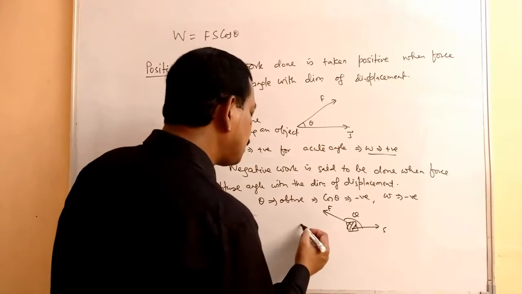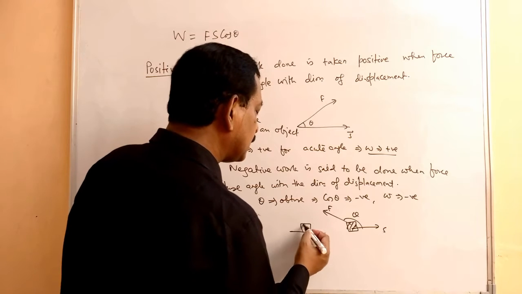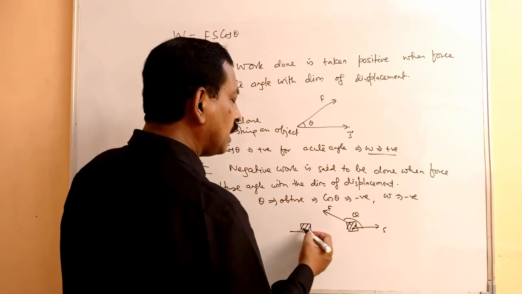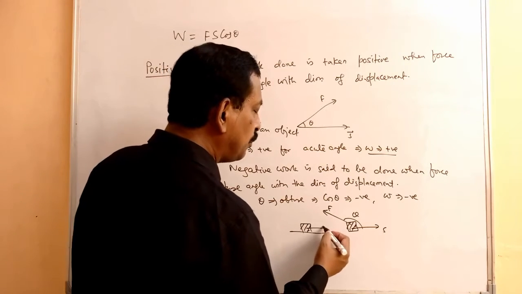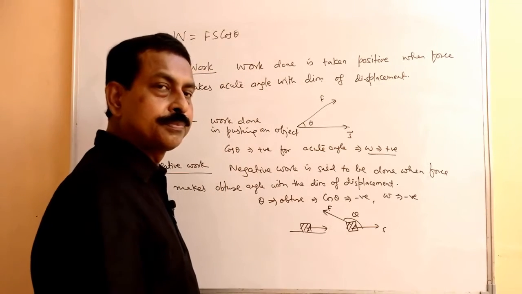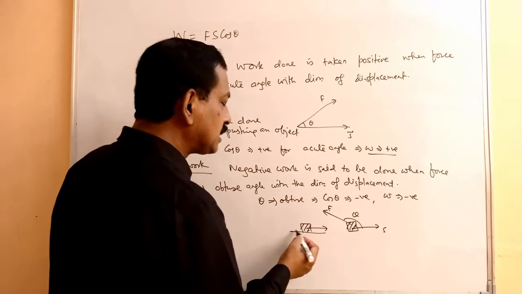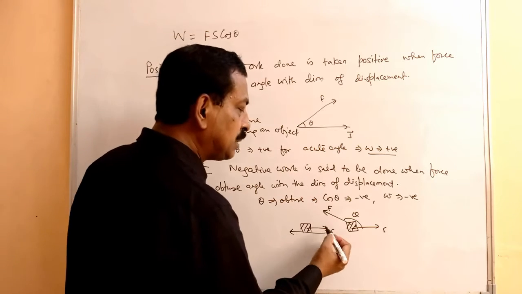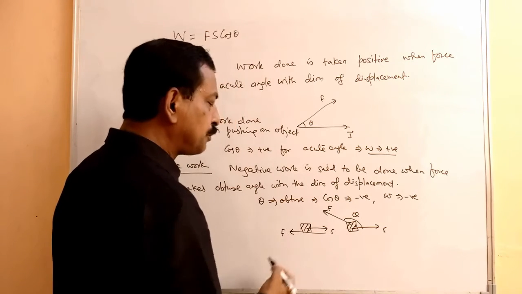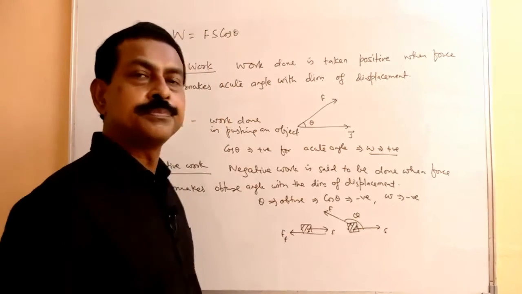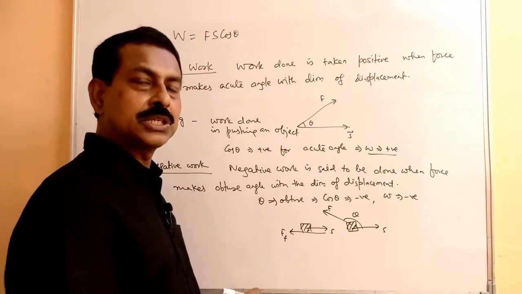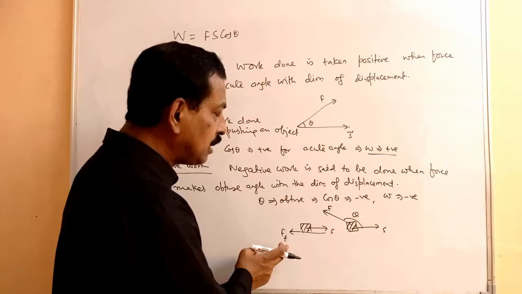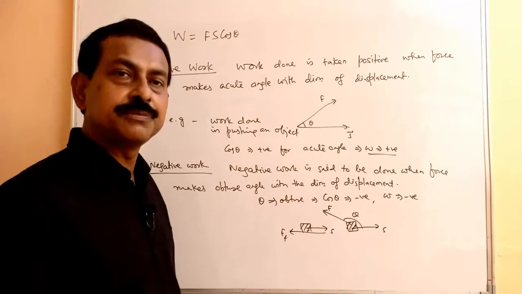Or you take an example that you have a body and you are moving the body in this direction and there is a force, that means displacement is in this direction. Force of friction, if you consider, will be in the opposite direction. So the work done by friction will be negative.